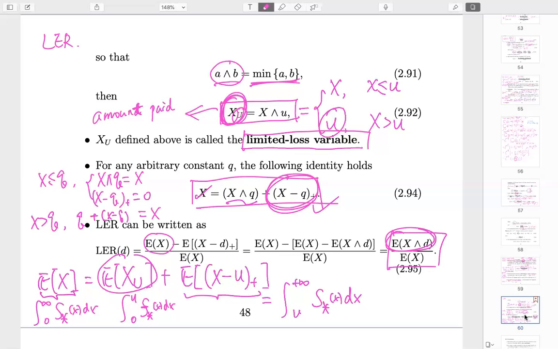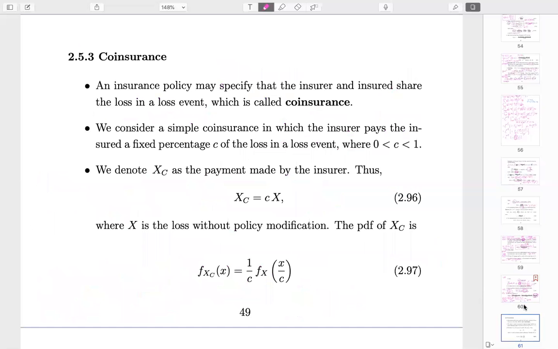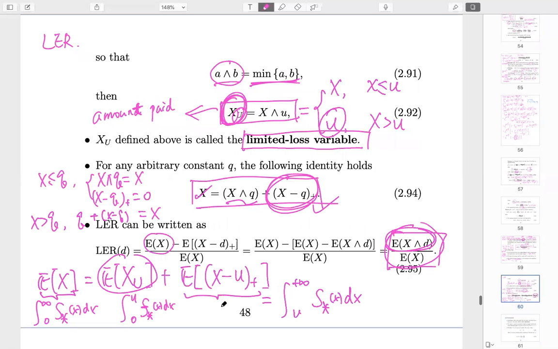So it gives us a second idea of the loss elimination ratio. You have two different ways to compute the loss elimination ratio. Because all the computations can be converted, there is a natural connection between deductible and the policy limit.